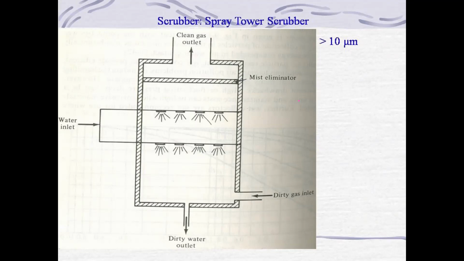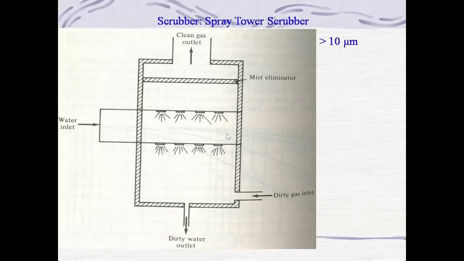So here you can see this scrubber is known as the spray tower type of scrubber. Why are we calling it a spray tower type of scrubber? The laden gas is allowed to enter from the bottom, and it keeps moving in an upward direction. The scrubbing nozzles are arranged at the top, sprinkling water towards the bottom.